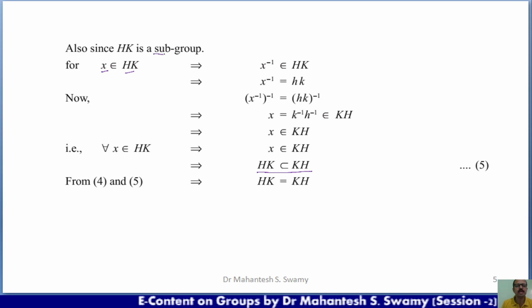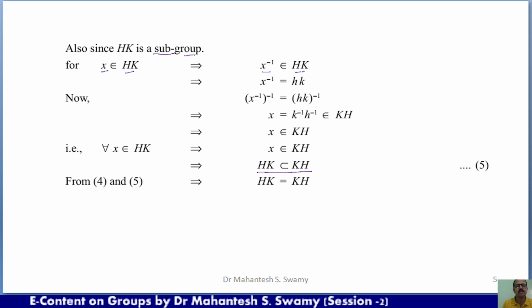We have already assumed that in the beginning of the converse part of the proof. So when HK is a subgroup, it must be a group. Therefore, the inverse of every element should exist. Therefore, the inverse of x must exist in it. Therefore, x inverse belongs to HK.